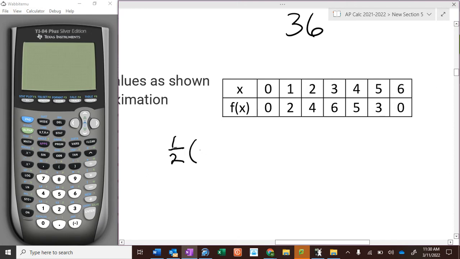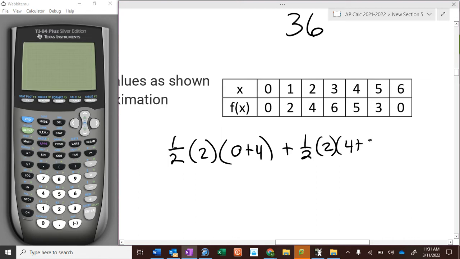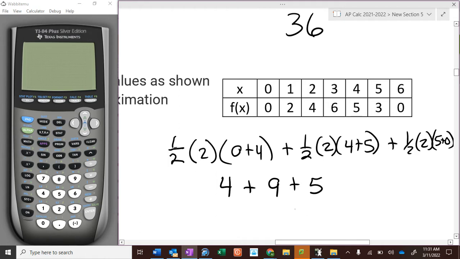The width of it is 2, and the 2 endpoints are 0 plus 4 plus 1/2 of 2 times 4 plus 5 plus 1/2 of 2 times. So this is 4, this is 9, and this is 5. So you get 18 as a trapezoidal.